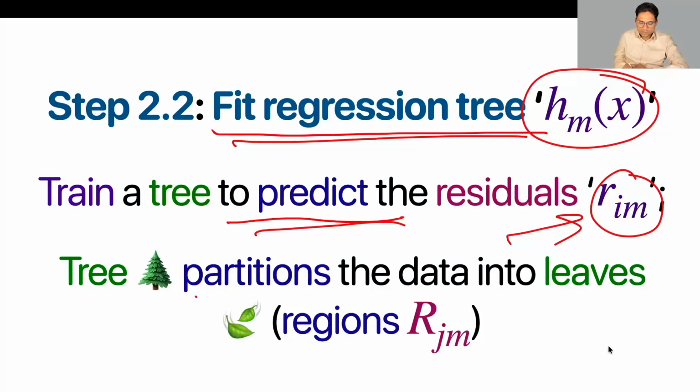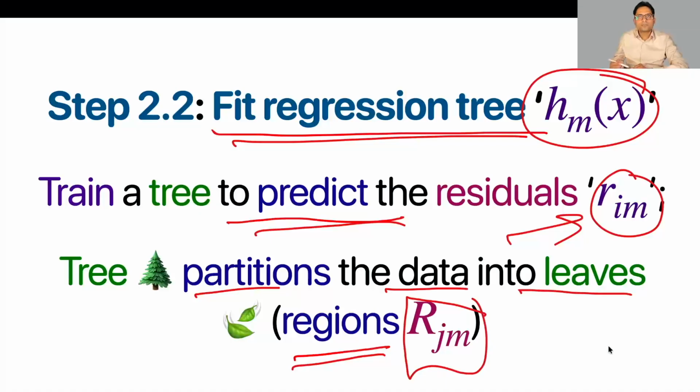And then the tree partitions the data into leaves, which are called regions. And these are the leaves that I'm talking about, regions, and each R_jm will have the corresponding gamma_jm, that is the contribution or weight of that leaf for the residual, that will be the average of the residuals in that leaf. And whichever data falls in that, for that we will count the contribution.